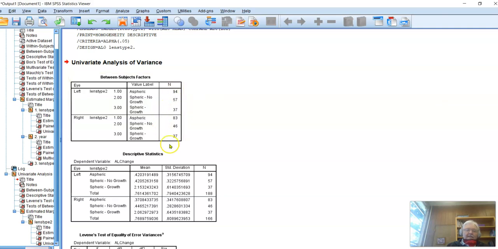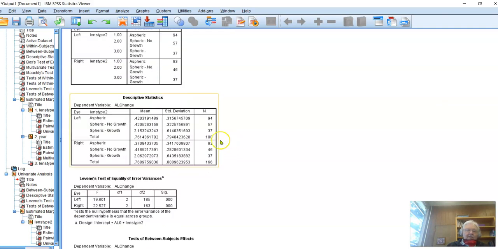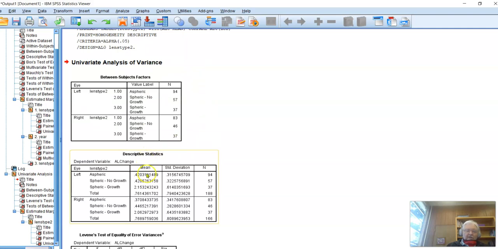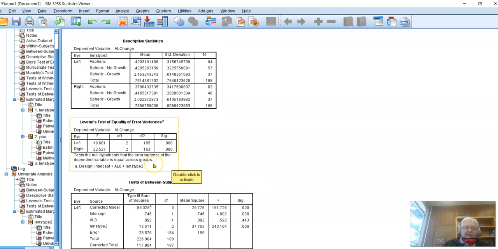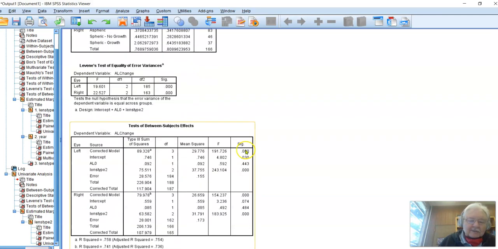So again, this gives us our Ns for our groups. They're the same. It gives us our mean differences. Let's see. Oh, these are the descriptive statistics. And then here's our Levene's test. Again, we have rejected the null hypothesis of equal variance, which is not a good thing.